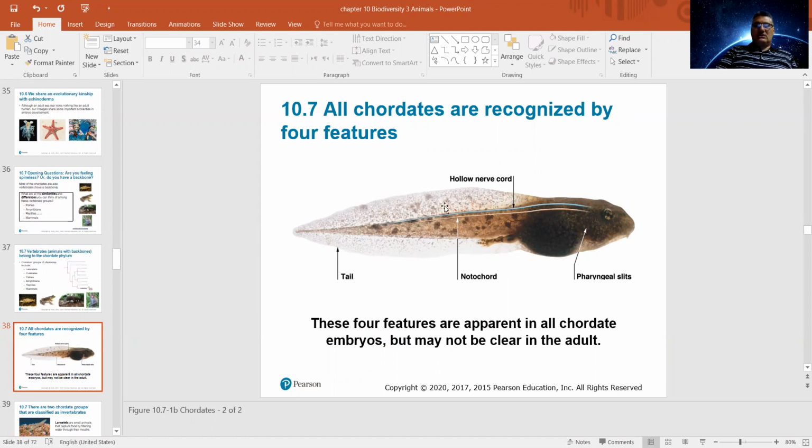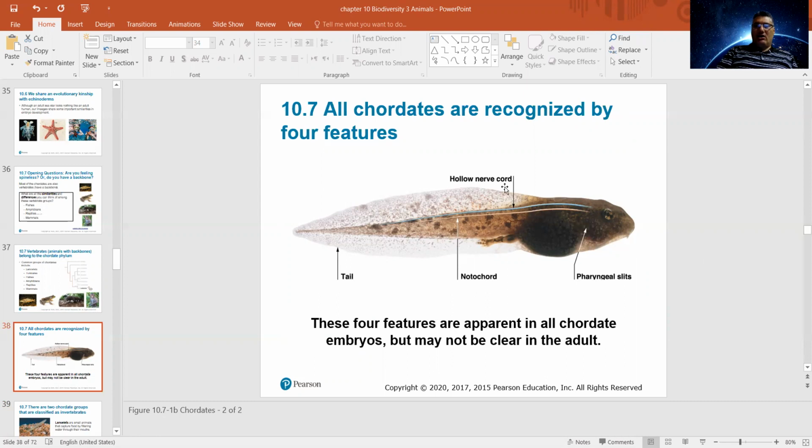General features: there are four features that are always found in all chordates, especially if you're looking at the embryo, not the adult. The adult will have differences, but if you look at the embryo of all the different types, you will see four features in common. They have pharyngeal slits.